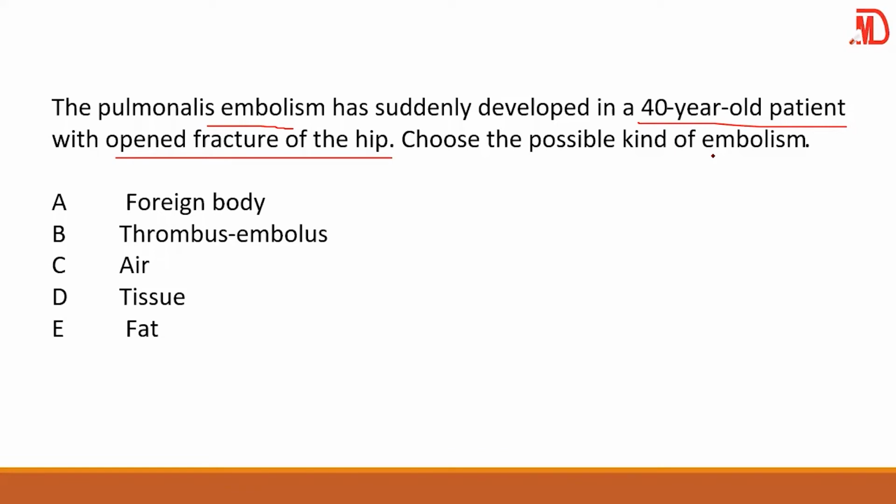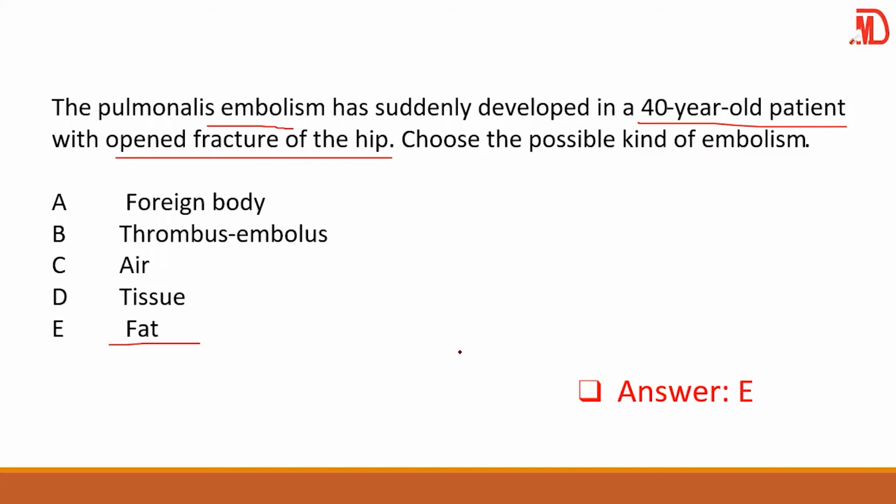I repeat, if it's a fracture, it is fat or adipose embolism. So over here, we are looking at fat, because they said there's a fracture. Some debris from the fracture has gone and lodged inside the lungs, causing fat embolism. So your answer is E. Of course, it can also be a foreign body or a tissue, so anything can happen.